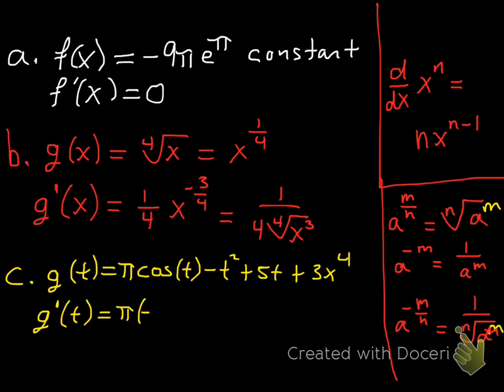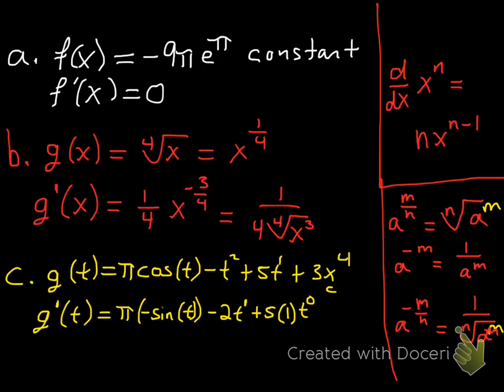The derivative of cosine is negative sine of t. And then we'll apply the power rule on the t squared, so the 2 comes down. So it'll be 2t, and then subtract 1 from the exponent, plus 5. And then I'm going to write it out. The exponent on the t here is a 1. So that exponent 1 comes down.